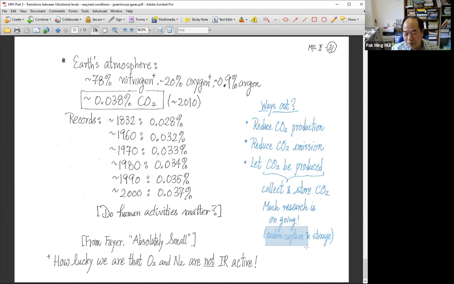We capture the CO2 so produced, okay, and then find some way to store it. Now, there are already things like that, store it underground so that emission will not go into the atmosphere, thereby this problem is at least slowing down, okay? So there are a lot of things that are going on and your generation should know.